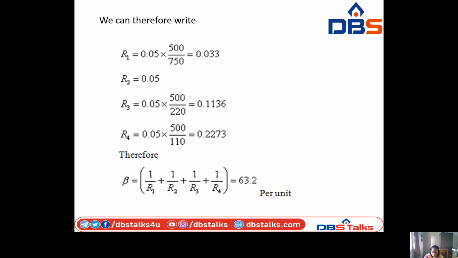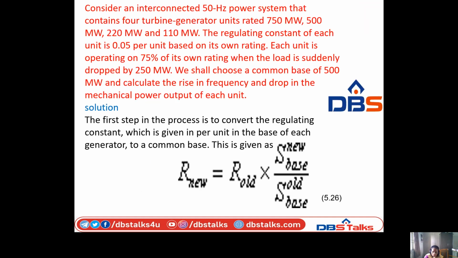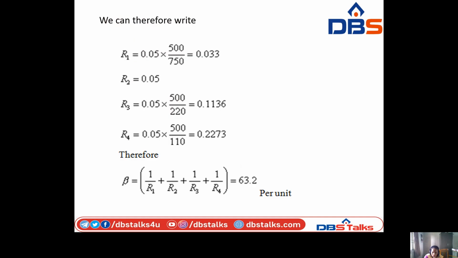We get R3 as 0.1136. R4 is 0.05 into 500 by 110, which simplifies to 0.2273. So we can convert the per unit values to the common base.